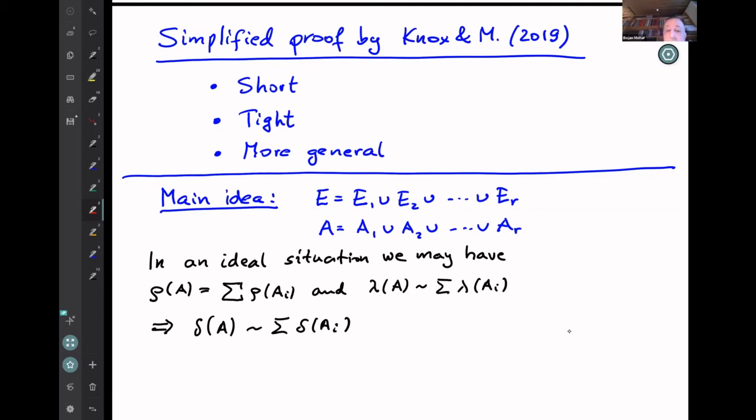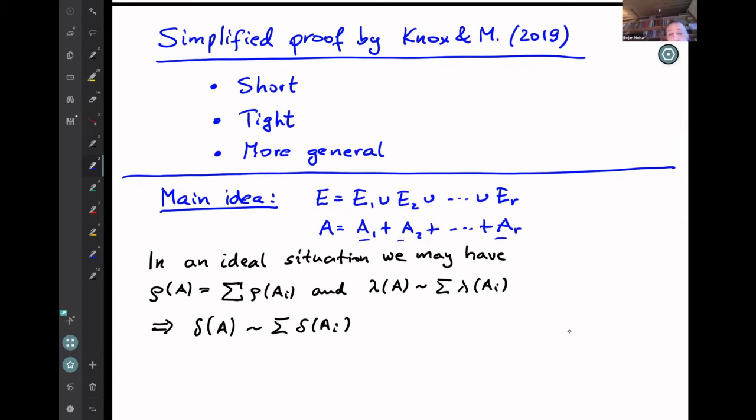Then you can write the adjacency matrix of the graph as the sum; there must be a plus here. So you can write the adjacency matrix as the sum of the adjacency matrices of those. And of course, in some nice situations, you may have that the spectral radius of A is just the sum of the largest eigenvalues of these.